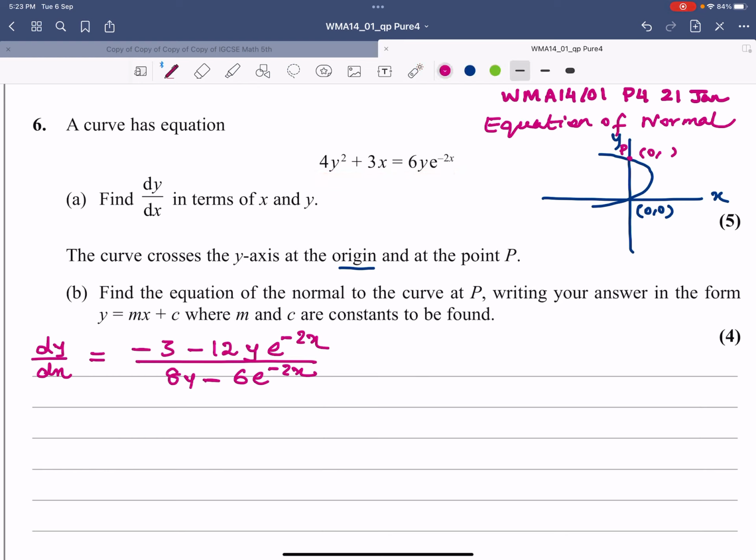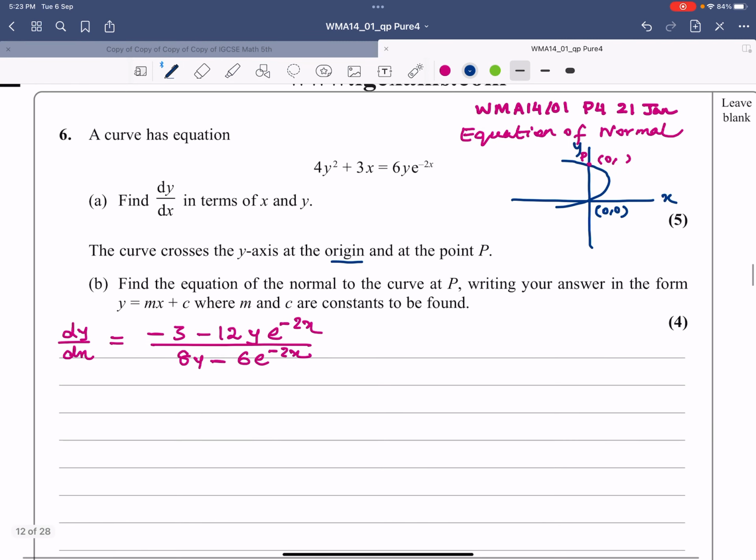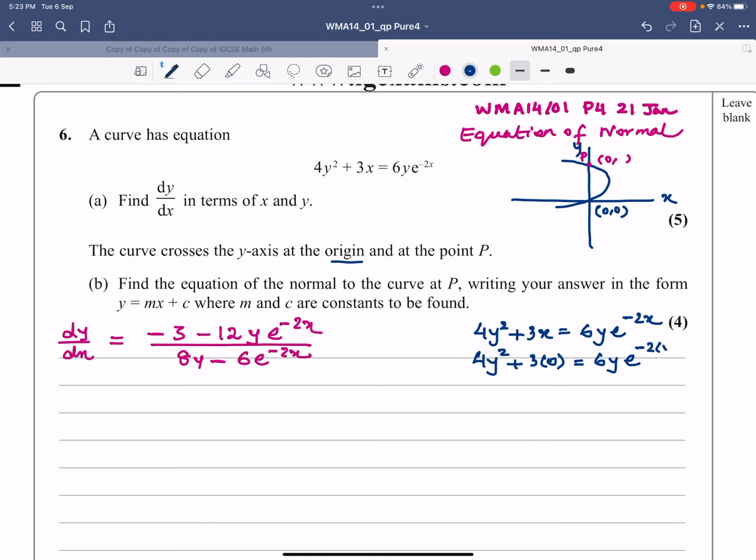So let's write the equation of the curve. Equation of the curve is 4y squared plus 3x is equal to 6y e to the power of negative 2x. So now we will substitute x is equal to 0. We have 4y squared, then 3 into x, 3 into 0, is equal to 6y e to the power of negative 2 into 0.